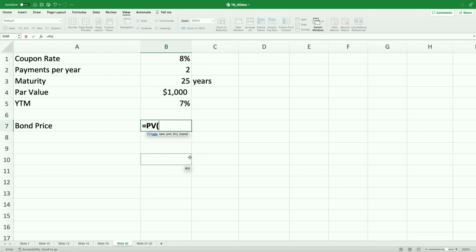So let's do that. So the yield to maturity is 7%. Remember, though, it's 7% compounded semi-annually. So it's really 3.5% every 6 months, which is the frequency of the coupon payments, right? Remember, they're every 6 months.